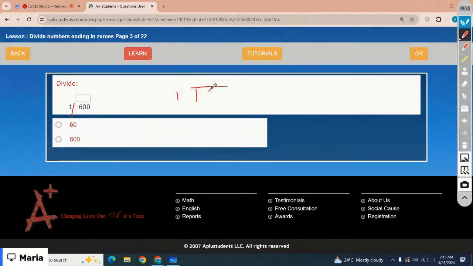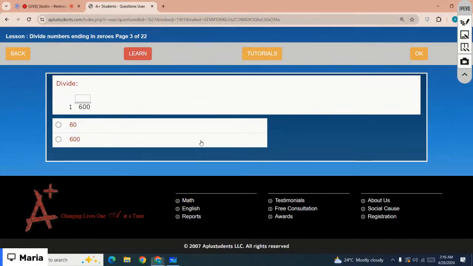So which is the correct option? 600 divided by 1 is 600. The correct option is option 2.